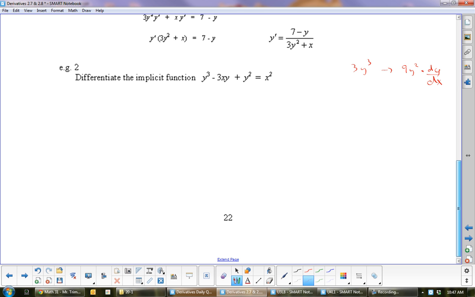See, everything is done with respect to x. Now, before, we were doing things like 3x cubed. How come we didn't have that thing written after it? Well, we kind of did. We were doing 9x squared times dx over dx.